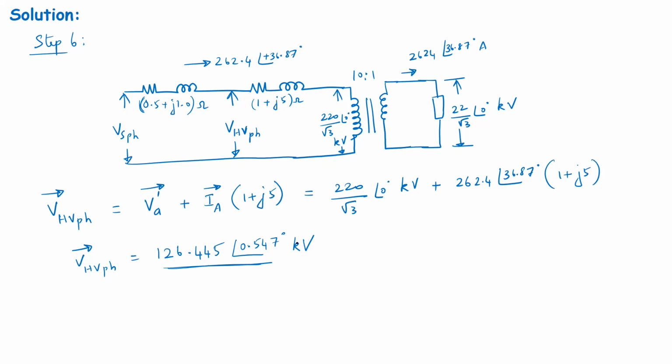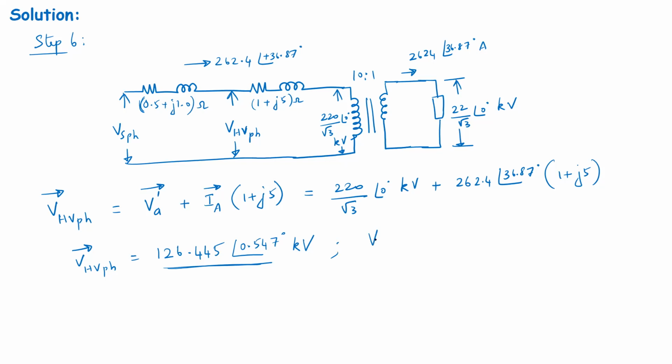When this number is multiplied with 1 plus 5j, I have a complex number, and I need to add that with 220k divided by root 3, and I get 126.445 kV at an angle of 0.547 degrees. So this is the primary side or the high voltage side phase voltage.